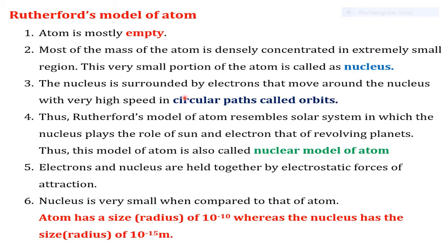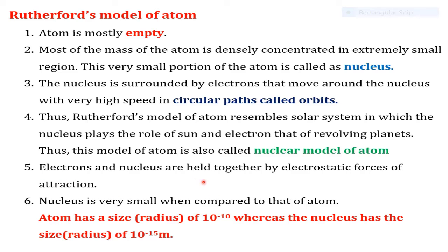The nucleus is surrounded by electrons that move around the nucleus with very high speed in circular paths called orbits. Thus, Rutherford's model of atom resembles a solar system in which the nucleus plays the role of the sun and electrons that of revolving planets. Thus, this model is also called the nuclear model of atom.